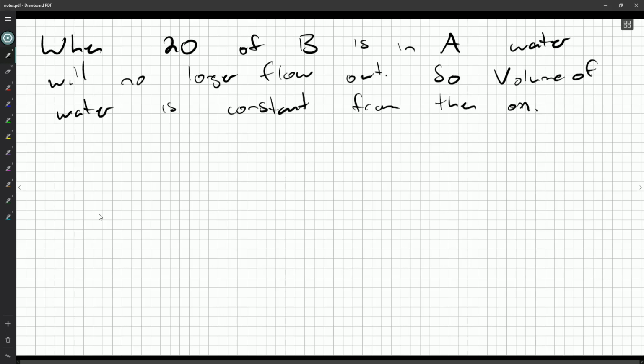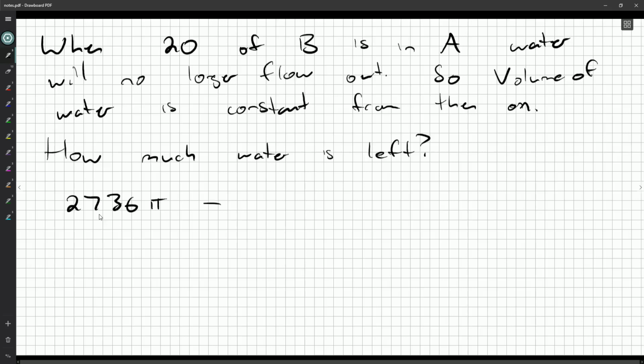Okay. So how much water is left? Well, we start with 2736 pi. How much water flows out? It's going to be pi 9 squared times 20 minus the 32 over 3 that we learned in part A.